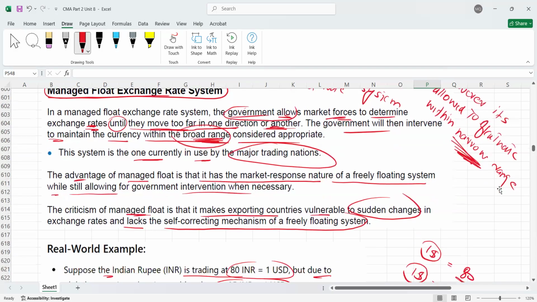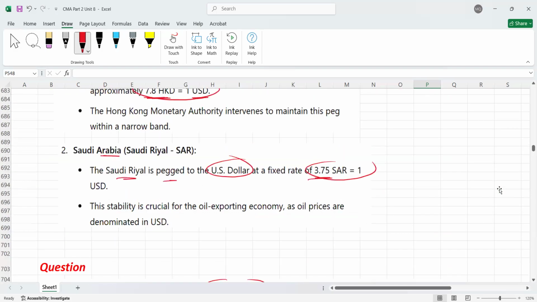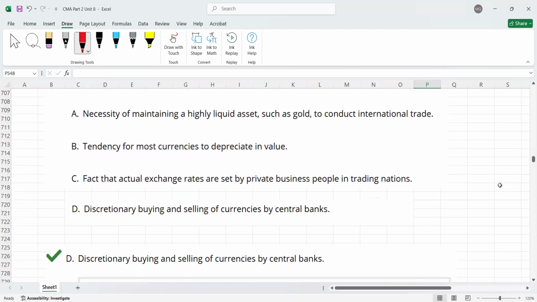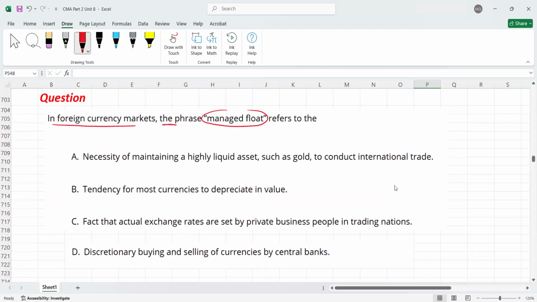Now we'll go back to the question. They are saying that in a currency market, the phrase managed float refers to the... I think so. Managed float is also called dirty float, guys. Please don't forget, if I'm not wrong, it's also called the dirty float system.